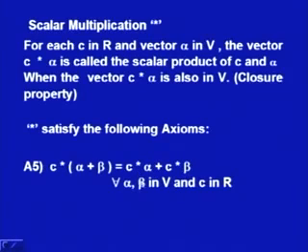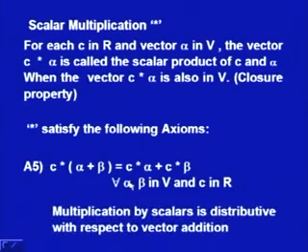Now this property is called that multiplication by a scalar is distributive. So this is scalar multiplication and this is addition. So scalar multiplication distributes over the addition of vectors. That is why it is called the distributive property of scalar multiplication.